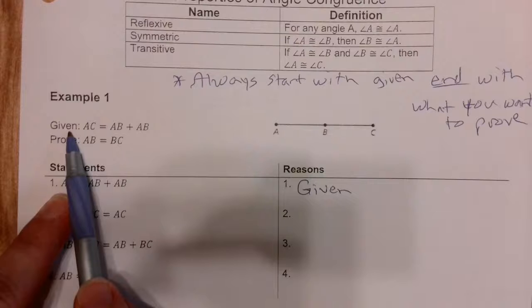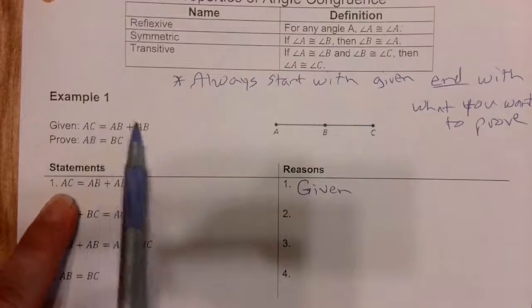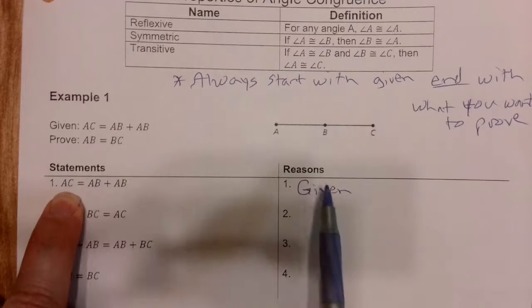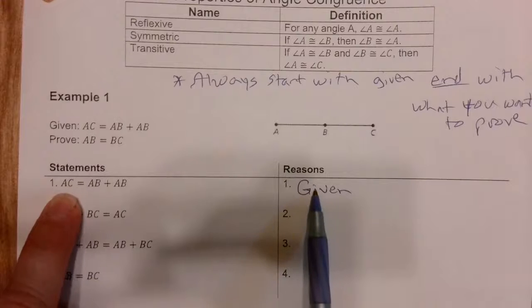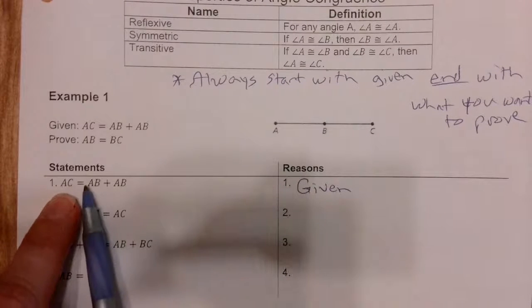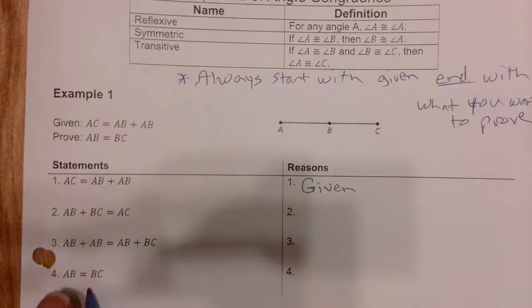It was given to us. That's how we know it's true. Now here's just a thought. What's given is always here, your first reason is always given. So this part, and the last one should always be correct.